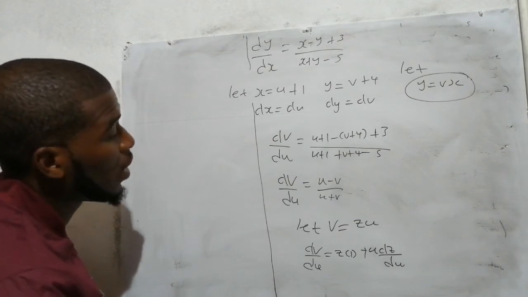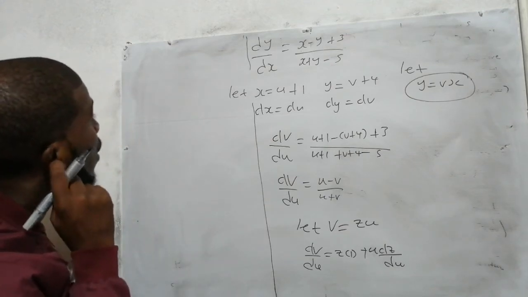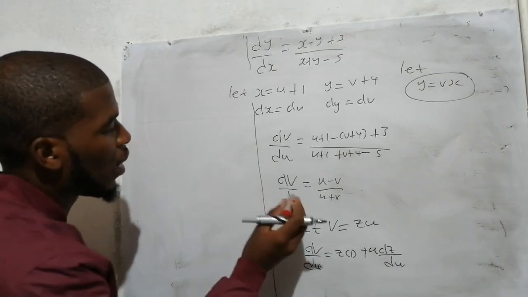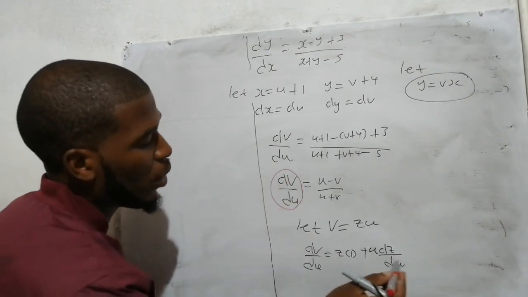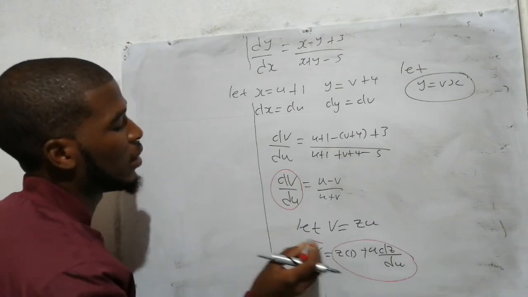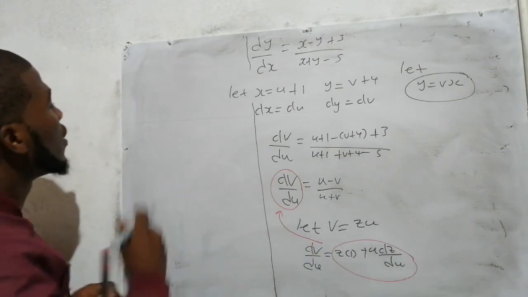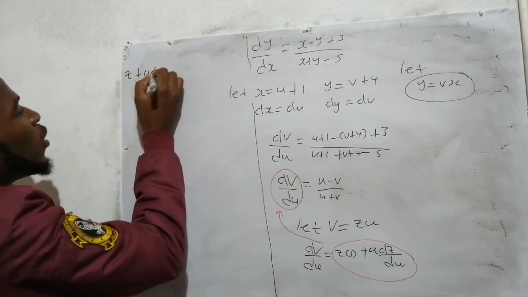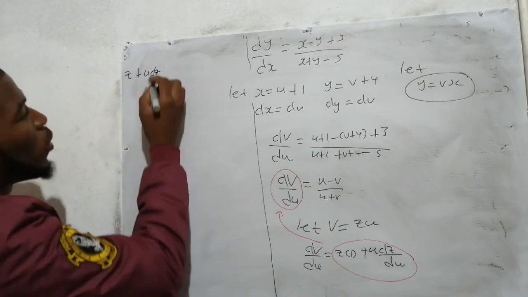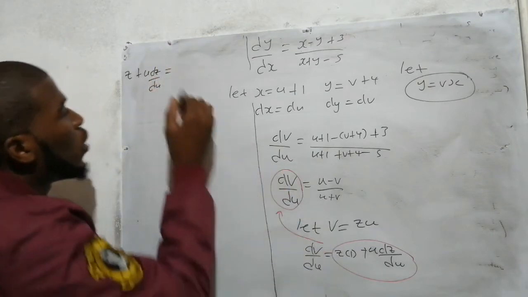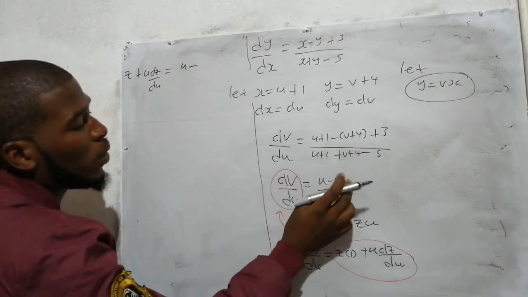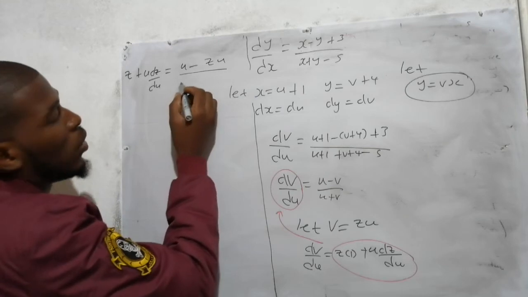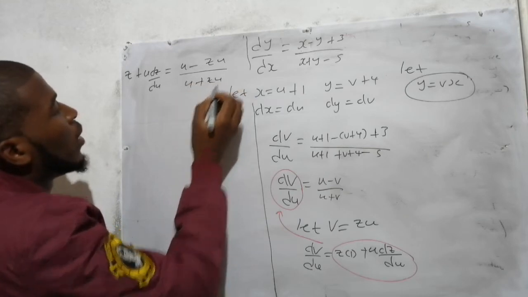After that, we need to do the necessary substitutions. So in place of dv over du, I'm going to put that guy there. z plus u dz over du equals, so in place of u I'm going to put u, minus in place of v I'm going to put zu, and in place of u plus v, u plus zu again.